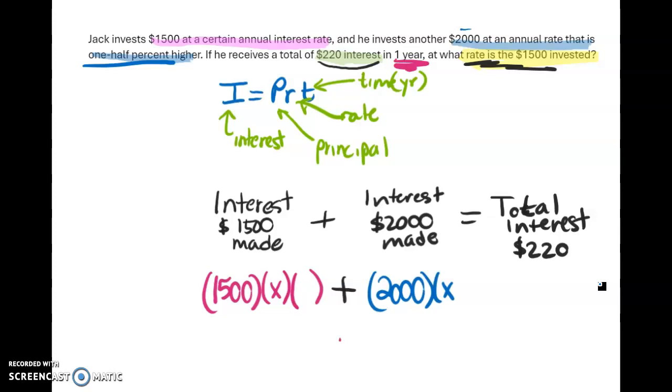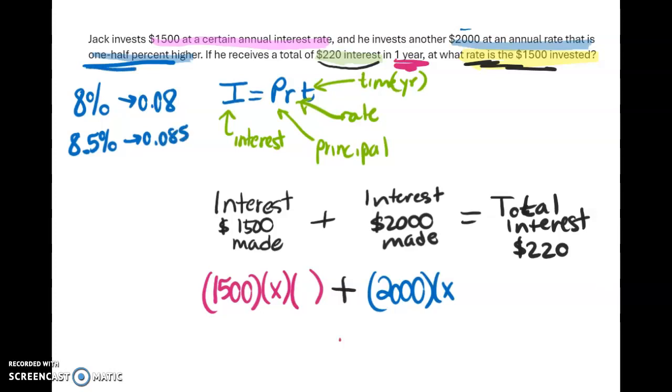Let's just say if I said I have an 8% interest rate, that is in decimal form written 0.08. So if I was half of a percentage higher, it would be 8.5. So in decimal form, it would be 0.085.